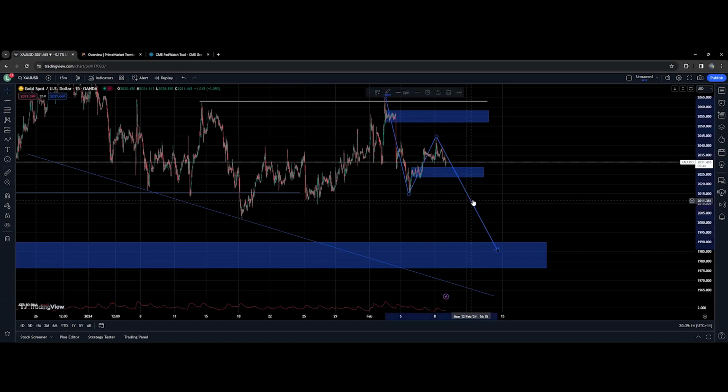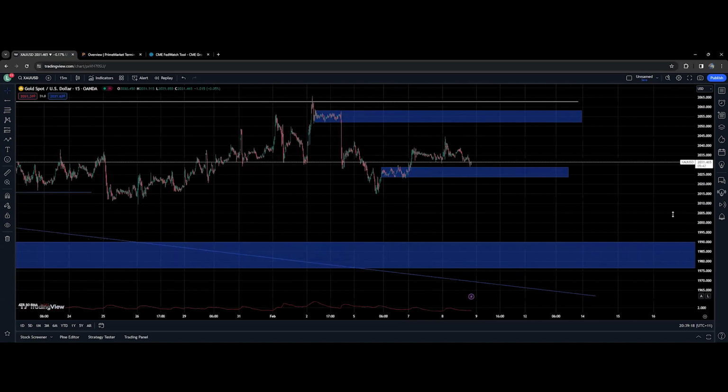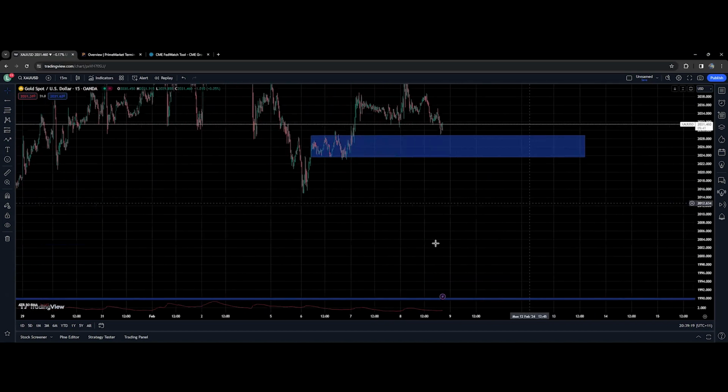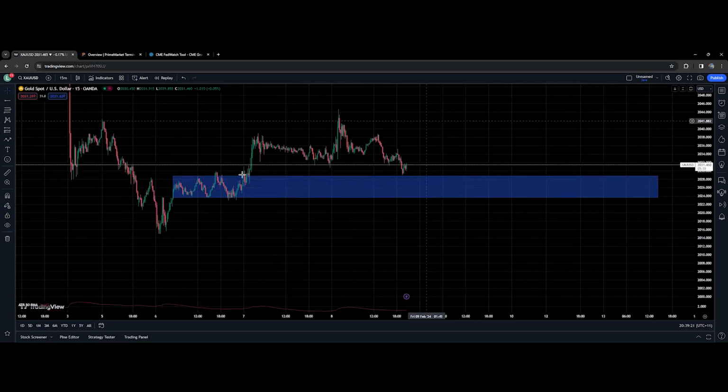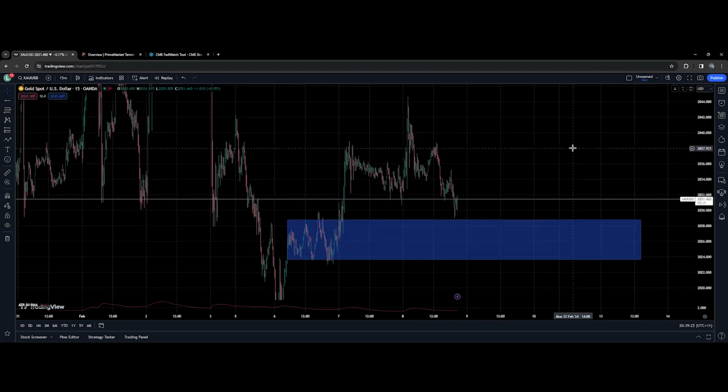So in my opinion, we did have a pullback. We finalized the pullback here on this move. So if we look, we did break the bottom.